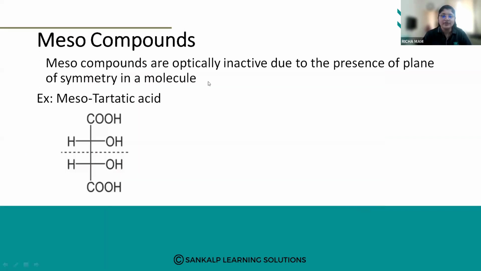Then we have discussed retention. Now you know what is retention of configuration. If the attack takes place from the front side, suppose I have this molecule with B, and I am attacking it with a nucleophile.